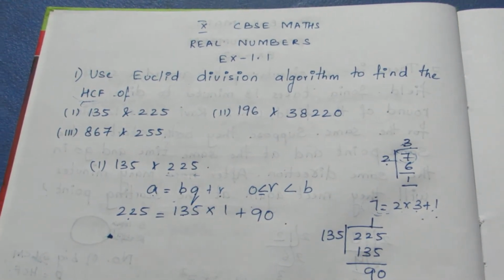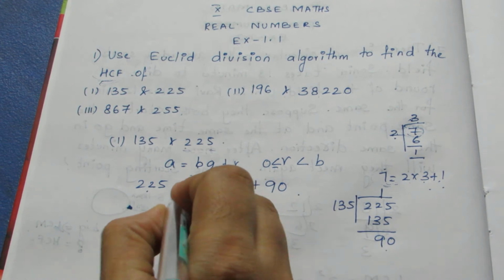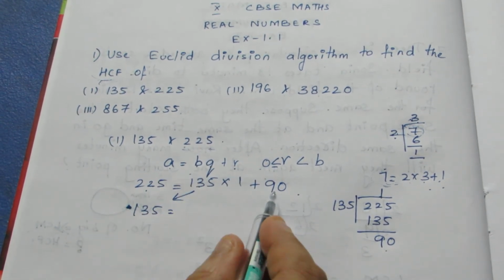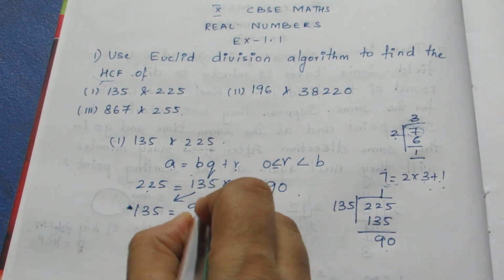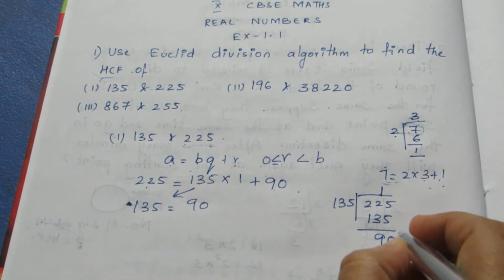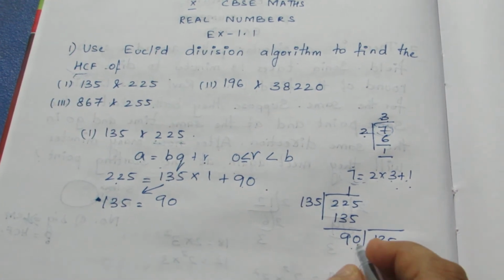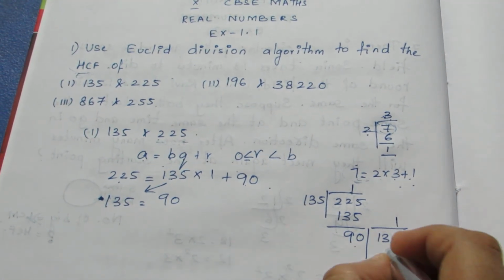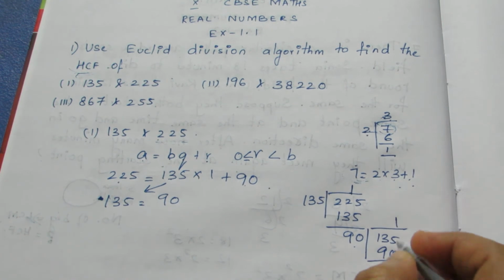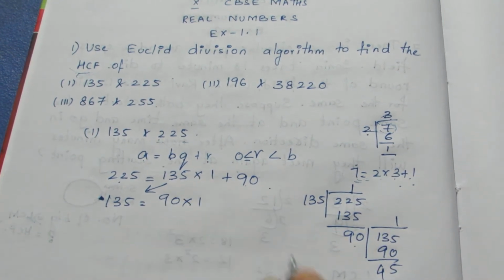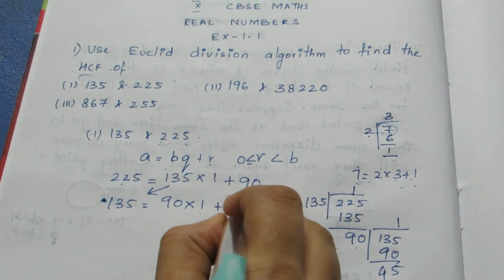Okay. So now bring this number to A. So this will become 135 is equal to, and here your 90 will become B. So 135 divided by 90, 90 into 1 is 90. Here the remainder will become 45.